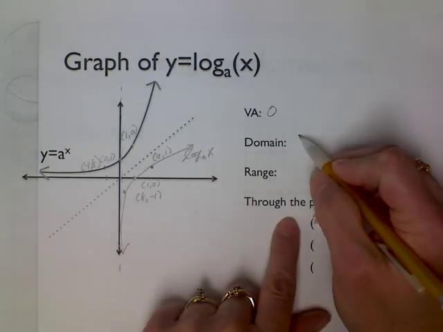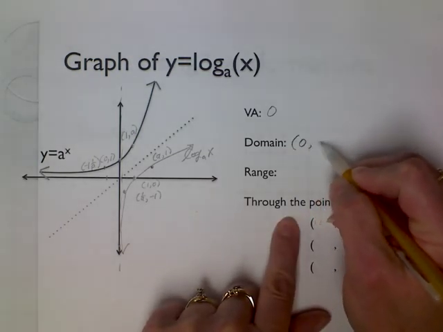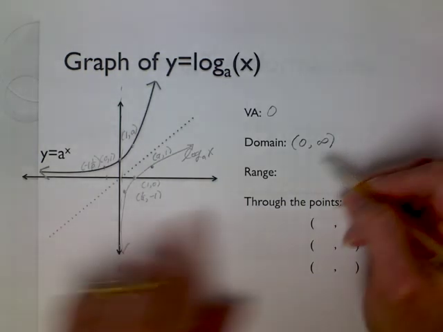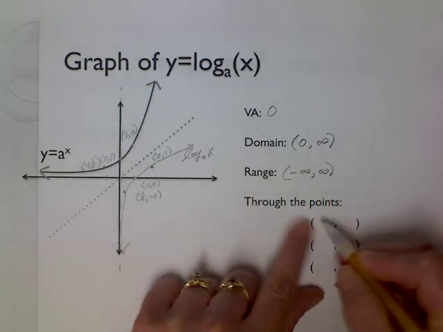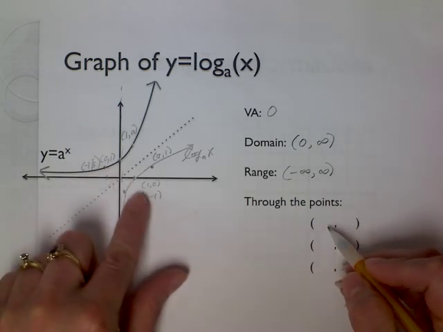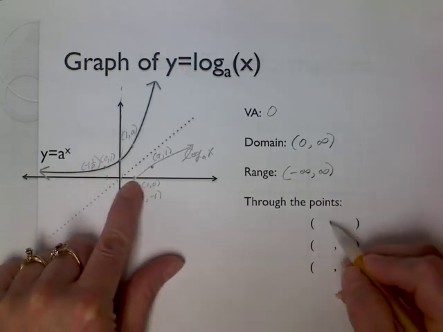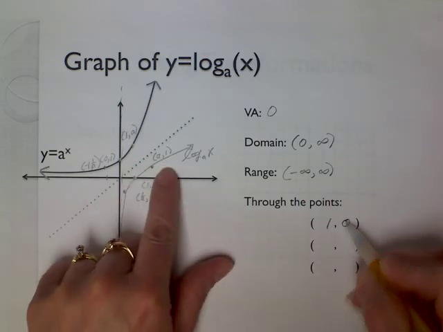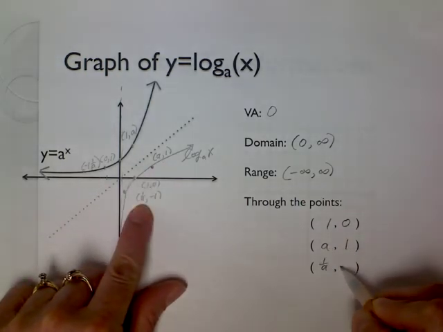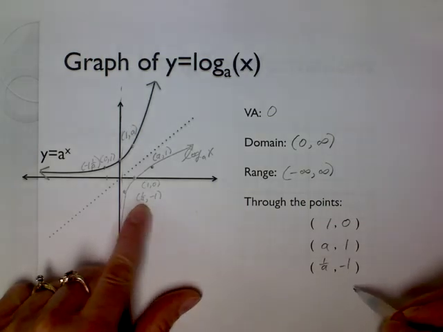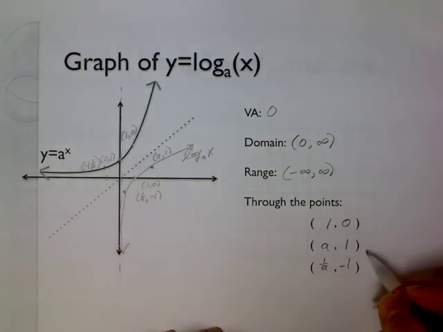The domain is 0 to infinity, so we start here. The range is negative infinity to infinity. It goes through the 3 points that are flipped. So now we go through (1, 0), go through (a, 1), and we go through (1/a, -1). Be sure you understand where those 3 points came from.